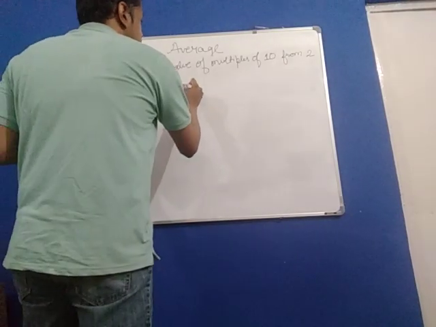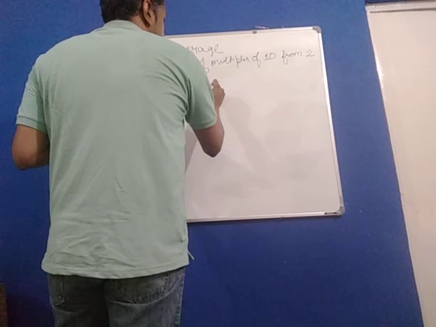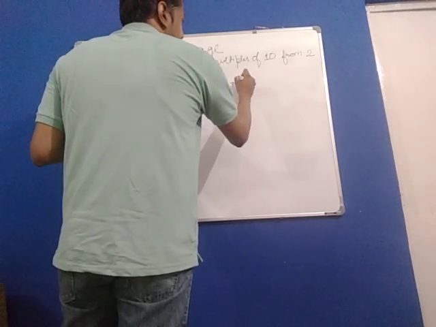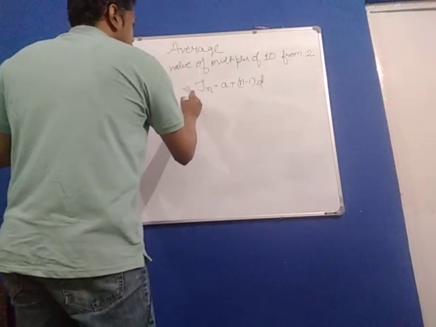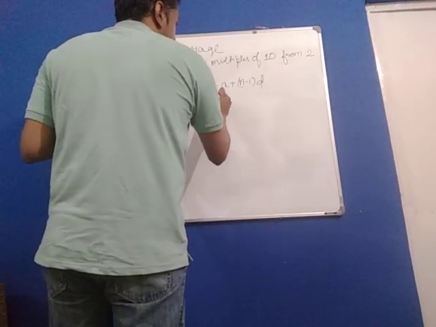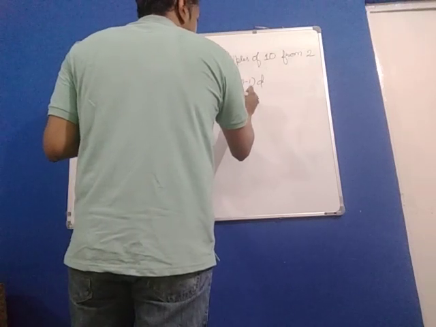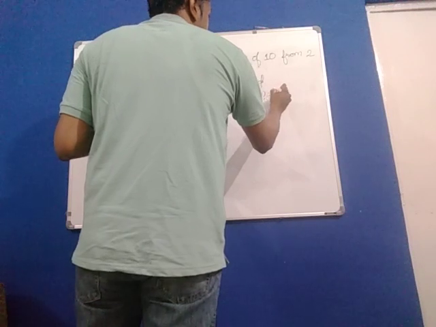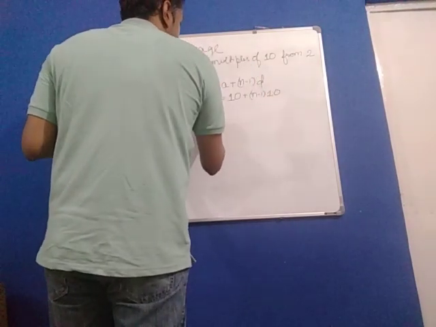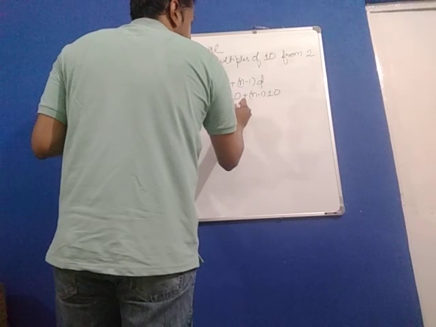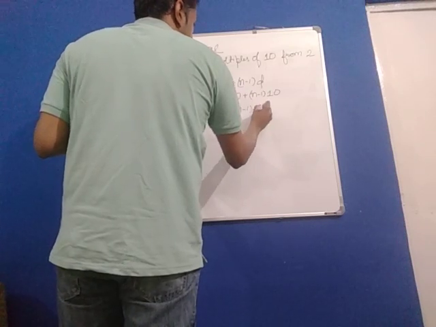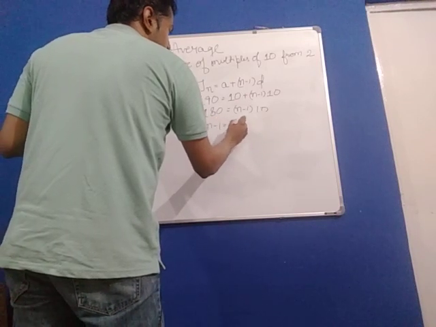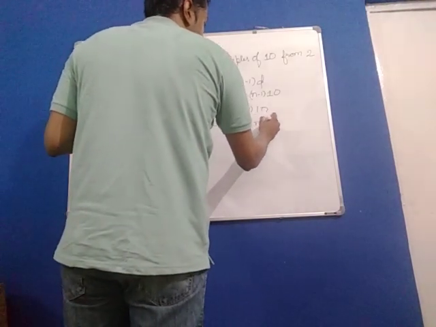For that, we will use the formula of arithmetic progression, that nth term is equal to a plus n minus 1 d. Here the nth term is 190, first term is 10, and the difference, because it is multiples of 10, is 10. So we will get 180 is equal to n minus 1 into 10. That is, n minus 1 is equal to 18, or n is equal to 19.